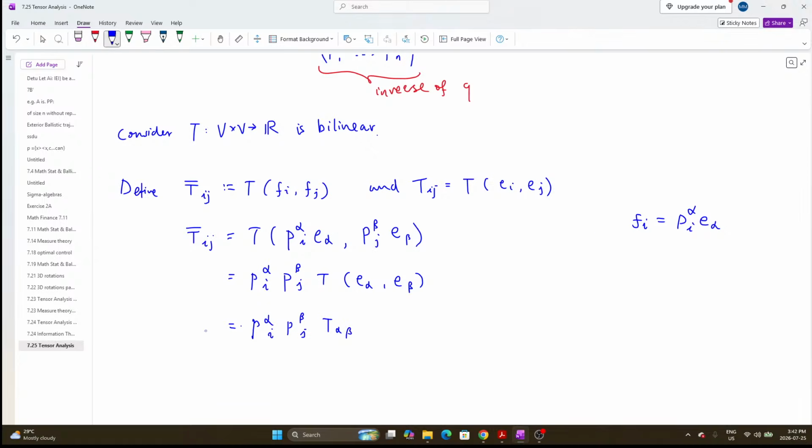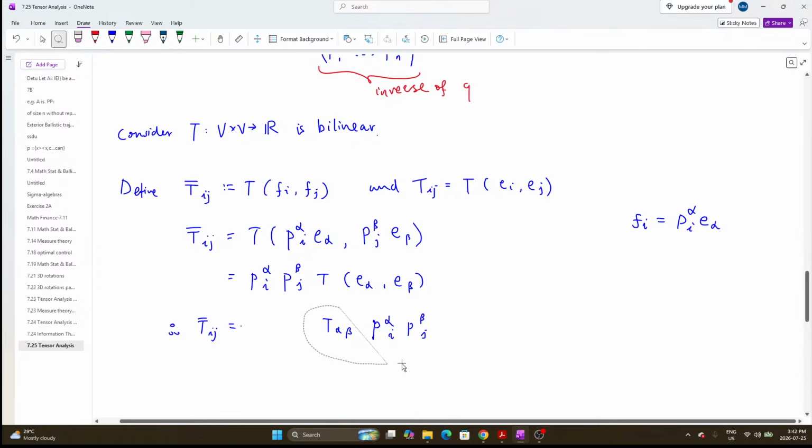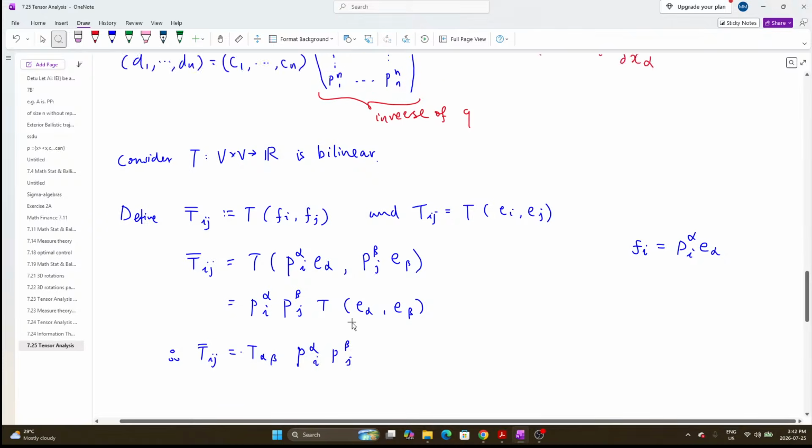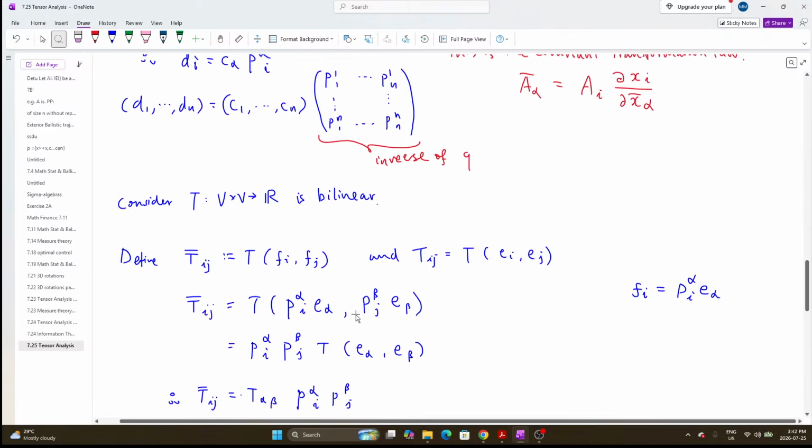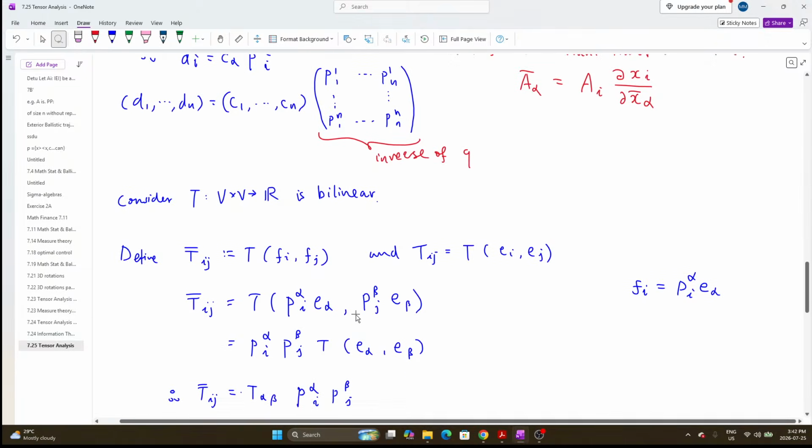That's the transformation law. So is this covariant or contravariant? What sort of tensor is this? Well, you see what it uses? It uses the P matrix. And what thing uses the P matrix? Contravariant. Oh, sorry, covariant. Actually, yeah, covariant.